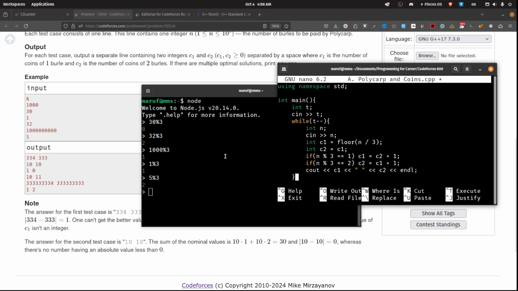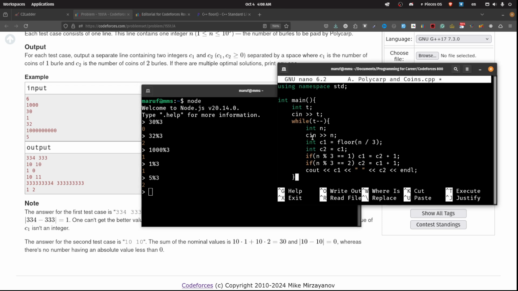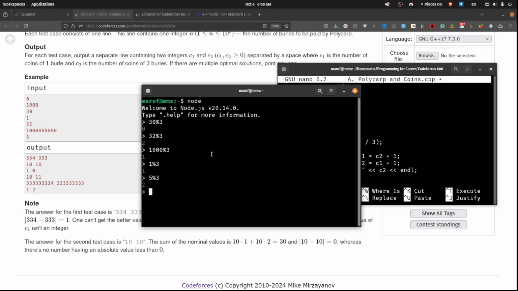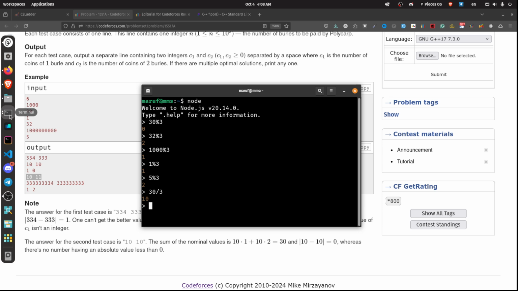So for the second test case, let me check the value of n divided by 3. If I divide 30 by 3, I get 10. So this one is correct in this case. If the resulting value is 2, what will be the answer? 32 modulo 3.